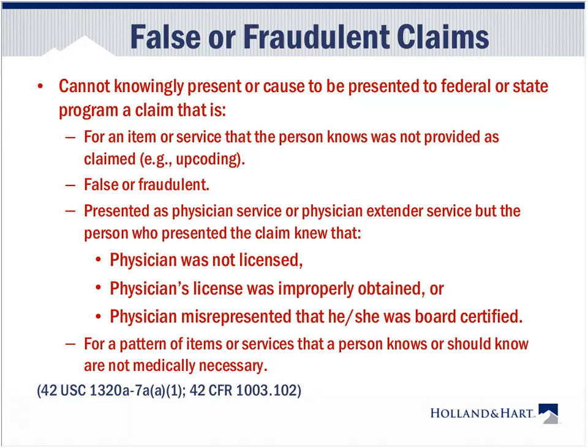Another prohibition is a pattern of items or services that a person knows or should have known are not medically necessary. So if you're providing medically unnecessary services out there and billing the government, you can get hit up for the civil monetary penalties. So what are the penalties?